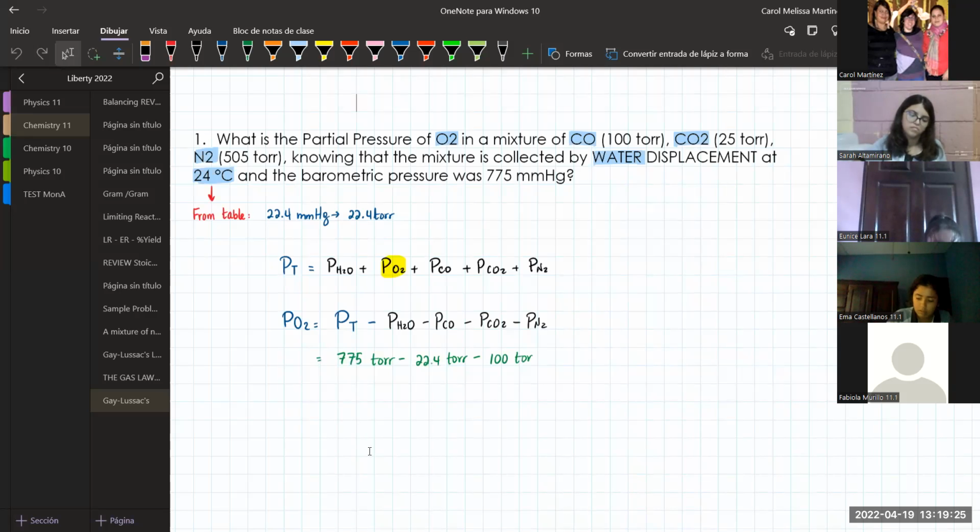Minus CO2, that is 25 torr. Minus nitrogen, that is 505 torr. How much is this? 122.6.